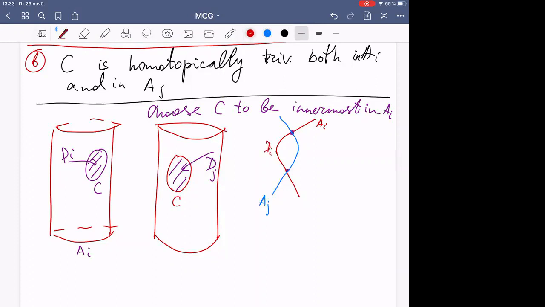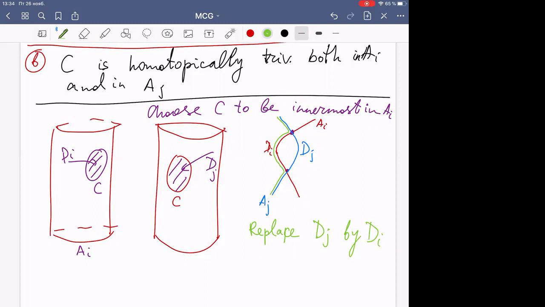this is disk DI, this is disk DJ. We can replace the J by DI. Again, this simplifies the complexity of this particular pair.